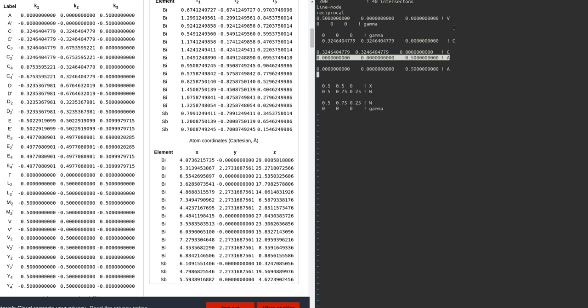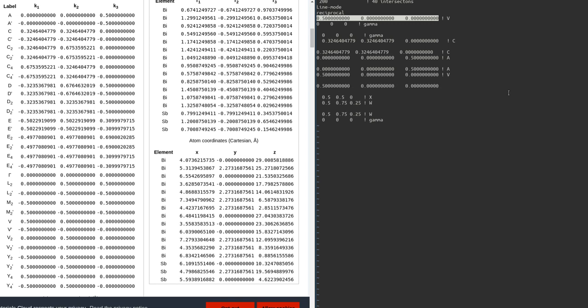Here V is 0.5. Okay, let it be from 0.5 to V.